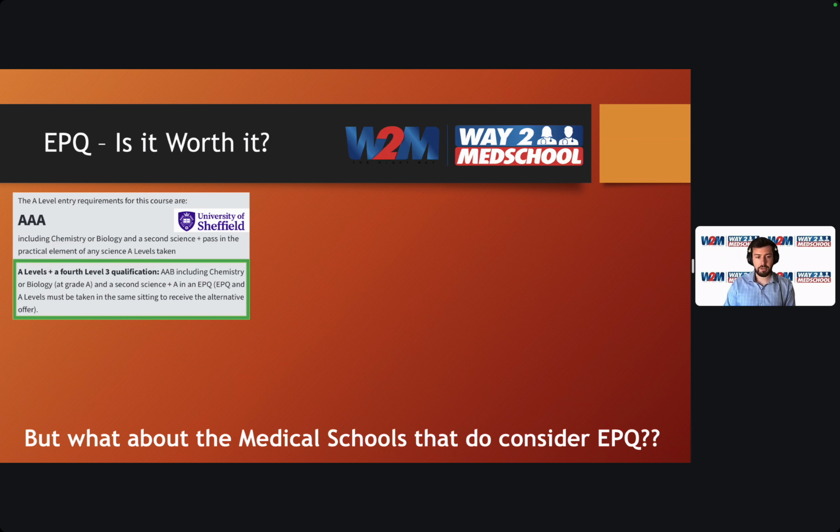However, if you have an EPQ product with an A or above, your grade requirements for A-levels drops to AAB. So an extra incentive to consider that. If, for example, things happen with A-level exams, if for whatever reason, one subject you go down one grade, well, actually we have this backup here.